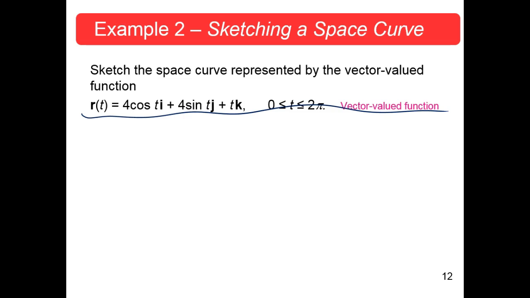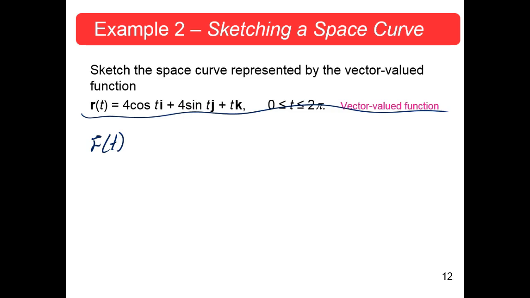Okay. r of t. Now, I can't write bold. The book writes bold, and the slides write bold. I can't write bold, so if I'm doing a vector, I put an arrow over it. r is a function of scalar t. t is not a vector. t is a scalar number.